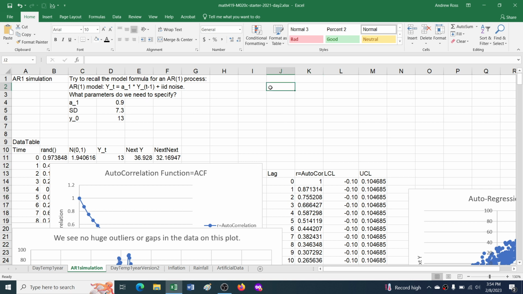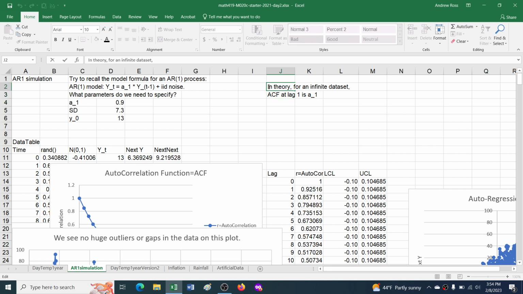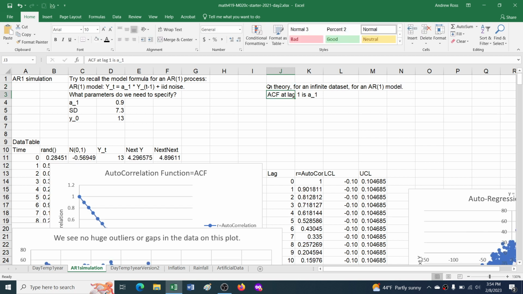So what we can say is, in theory, for an infinite data set, the ACF at lag 1 is A sub 1. This is for an AR1 model. So I'm not saying we're ignoring noise, but we're saying if the data is so big that the noise all gets averaged down to be not really affecting the numbers, this is what we'll see. So an ACF at lag 2 is actually A1 squared.